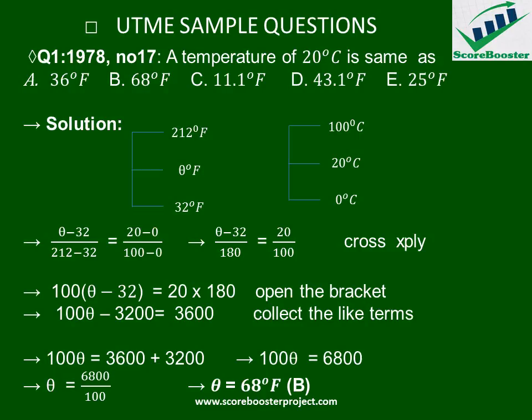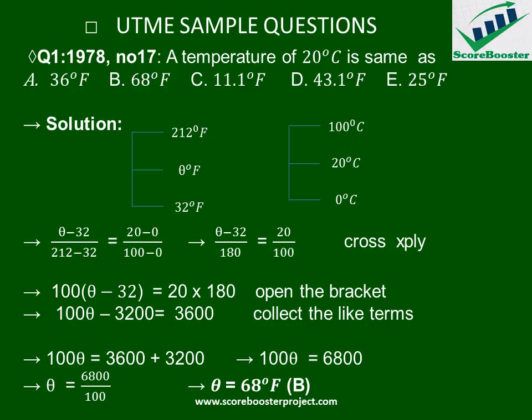Now, as usual, in converting this, we'll pick the intermediate temperature in Fahrenheit minus the ice point of Fahrenheit, over the steam point of Fahrenheit minus the ice point of Fahrenheit, equal to the intermediate temperature in Celsius minus the ice point, over the steam point in Celsius minus the ice point.